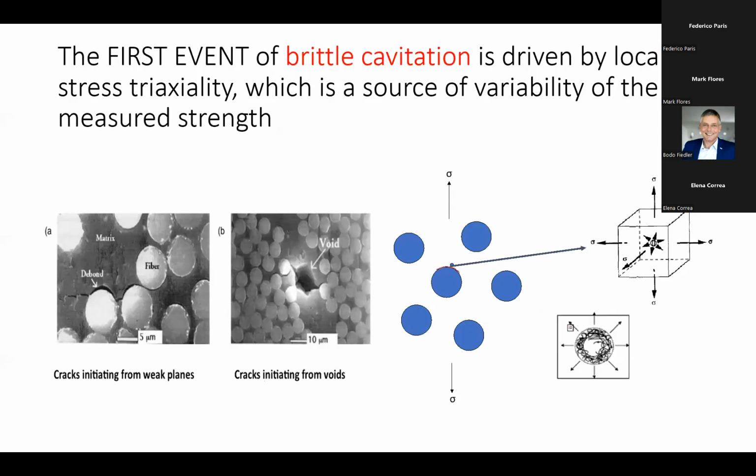So here, just a couple of observations to make. If you look at a practical composite, it has manufacturing-induced variabilities. And as I think Mike Wisnom and others have been talking about, the volume effect is really, in my view, connected to the local material variability.